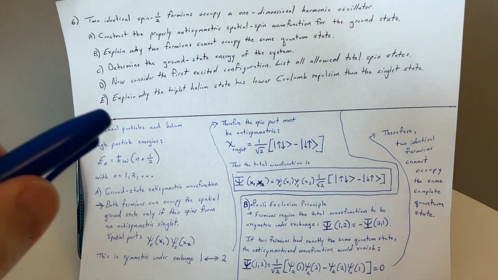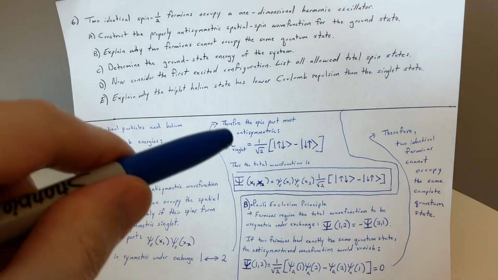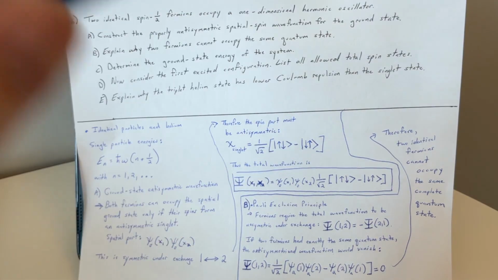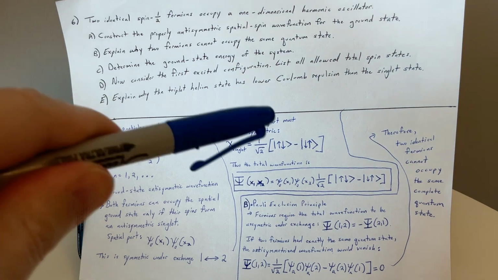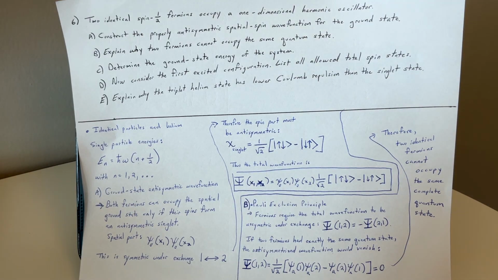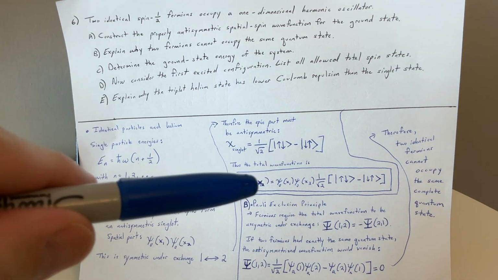So we have this singlet. What we're going to have here is 1 over square root of 2, right? And then we have the up-down spin minus the down-up spin, or spin up, spin down minus spin down, spin up, okay? Thus, the total wave function is going to be the following.